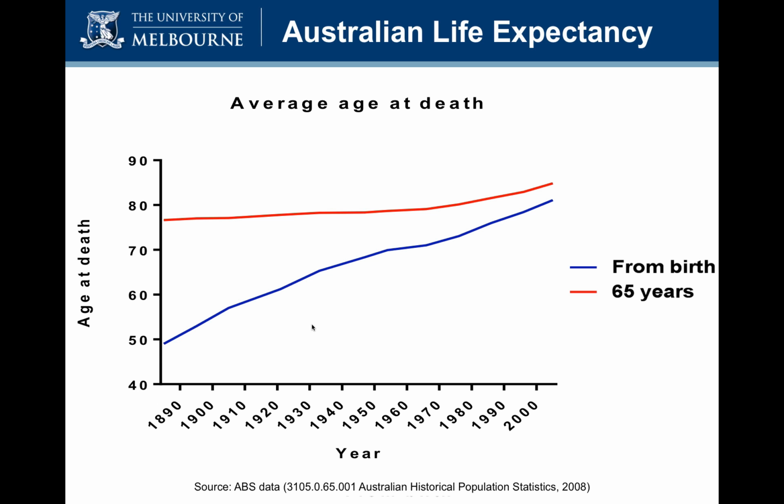So one thing economists often do is look at marginal or incremental change. So basically one can look at the change from one period to another in terms of the life expectancies at various points, which start in 1890, but then basically every decade we get an updated estimate of life expectancy for the Australian population.